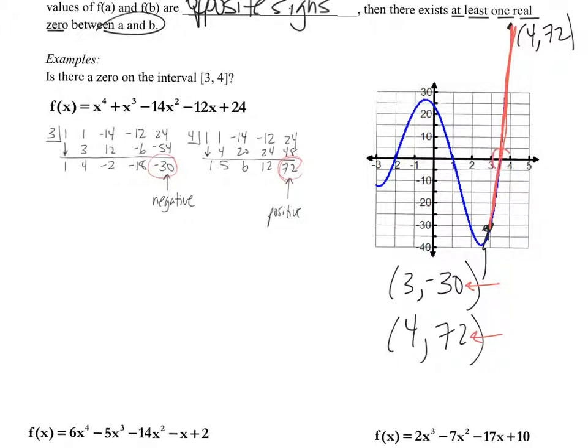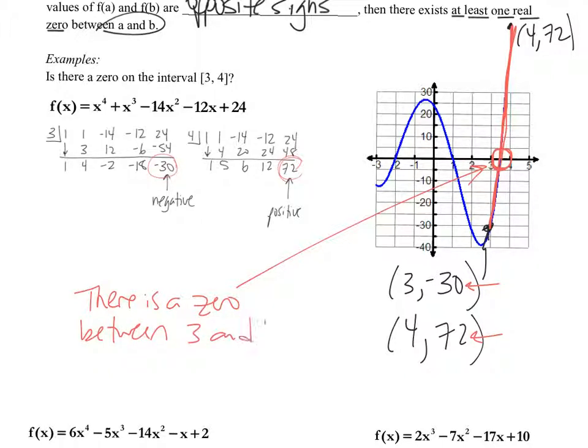That means that there is a 0 right here in between 3 and 4. That is the whole point of doing this. So there is a 0 between 3 and 4, because f of 3 was negative and f of 4 was positive.